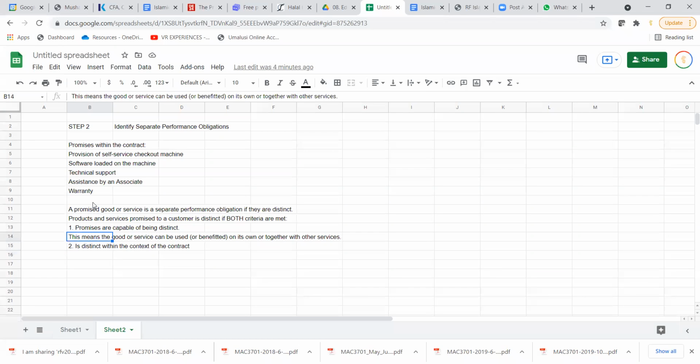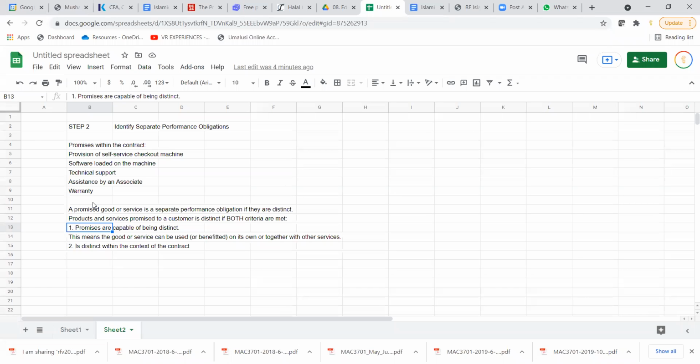So let's have a look. In order for the project management services to be separate performance obligations, the goods and services promised within the contract must be distinct. Okay, so that's the first point.